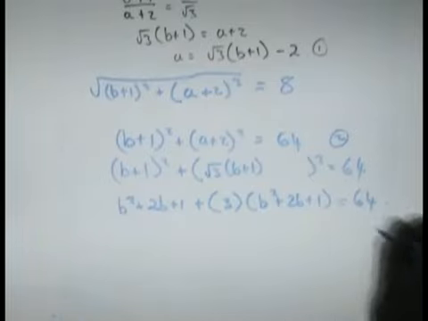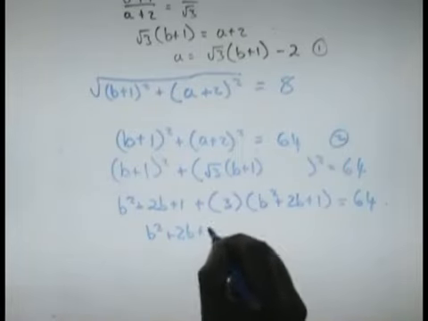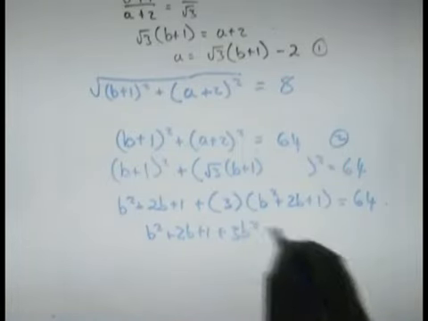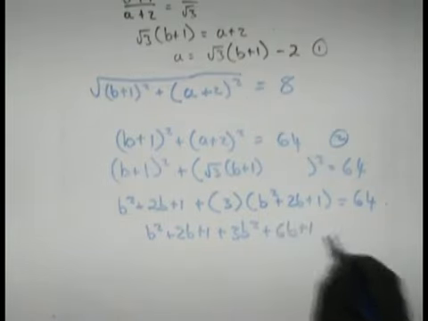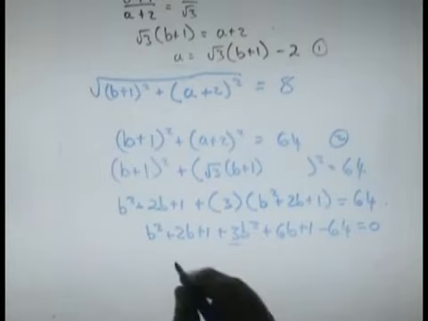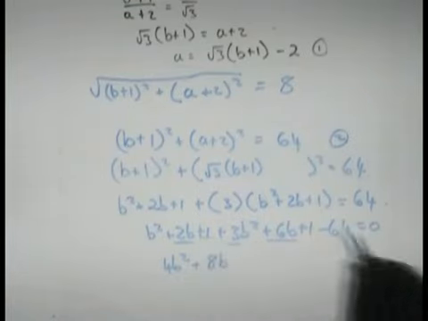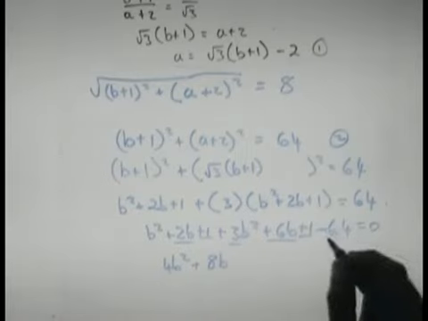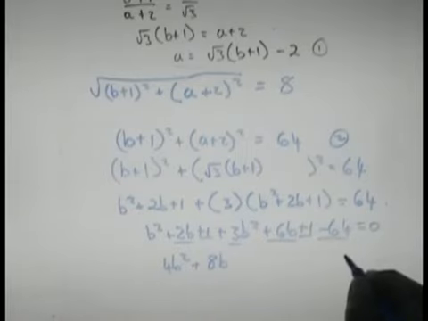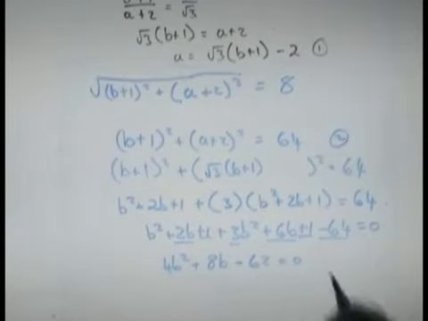That is equal to 64. That means that we have b squared plus 2b plus 1 plus 3b squared plus 6b plus 3 minus 64 is equal to 0. b squared plus 3b squared is 4b squared, plus 2b plus 6b is plus 8b, plus 1 plus 3 is plus 4, minus 64 is minus 60 is equal to 0.